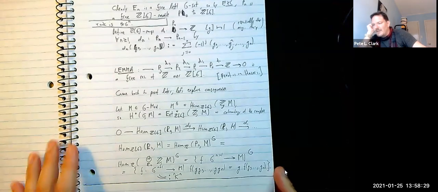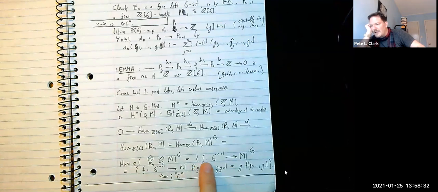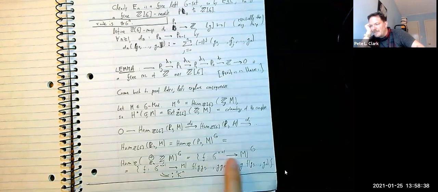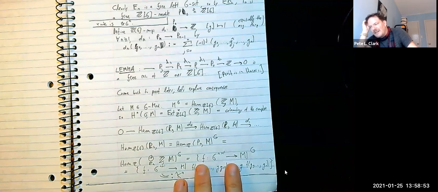So the nth term in the complex is the G invariants of the set of all maps from G^(n+1) into M. How is G acting on these maps? It's acting according to the adjoint G action that I defined before.